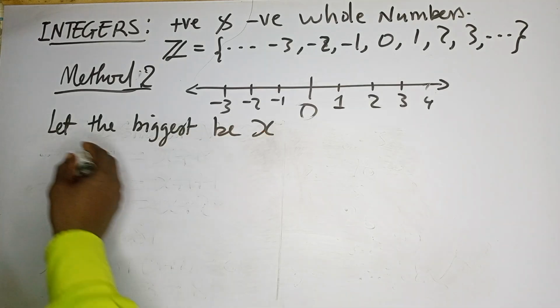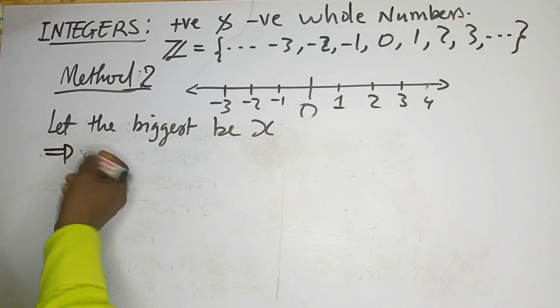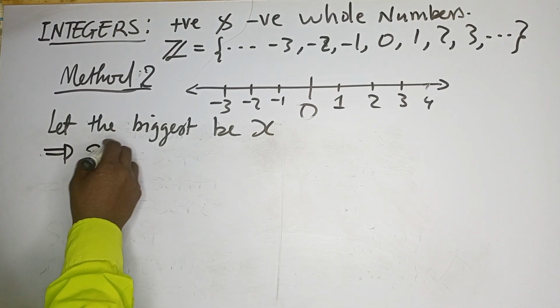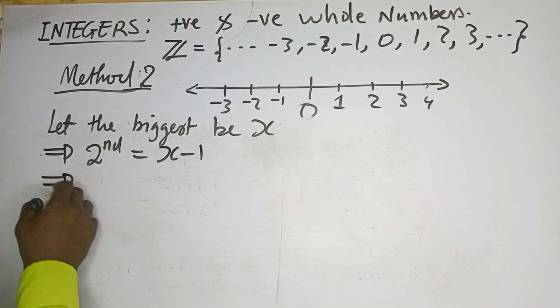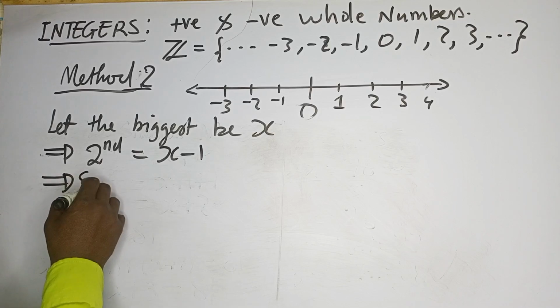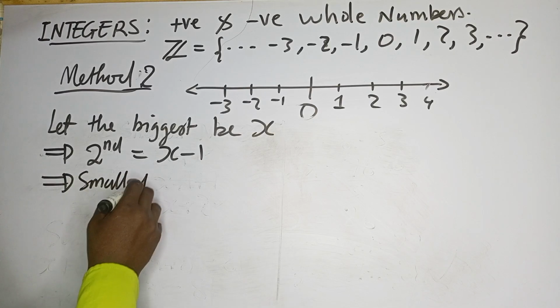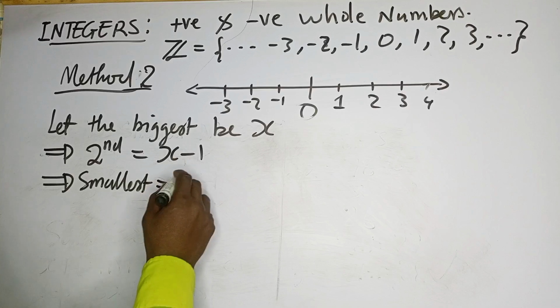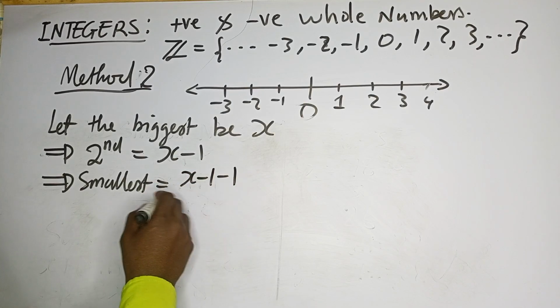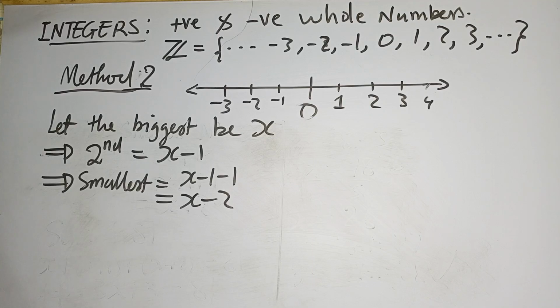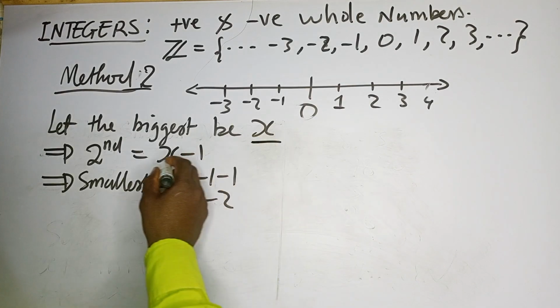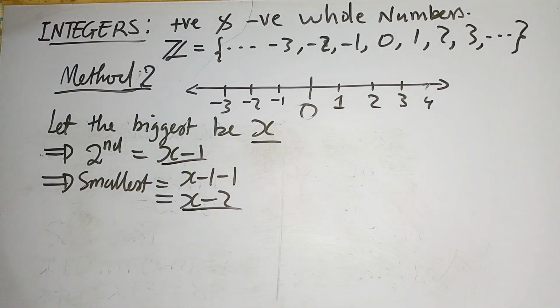All right, since we are starting from the biggest, it means the second will be, since we are going towards the left, we'll be subtracting, x minus 1. And of course, the smallest, or the third, will be, we'll subtract 1 from this one, x minus 1 minus 1, which will be x minus 2. Okay, so we have the three integers x, x minus 1, x minus 2.